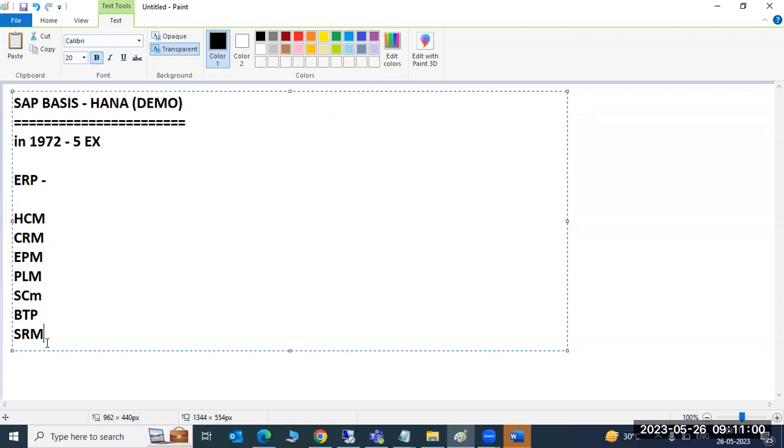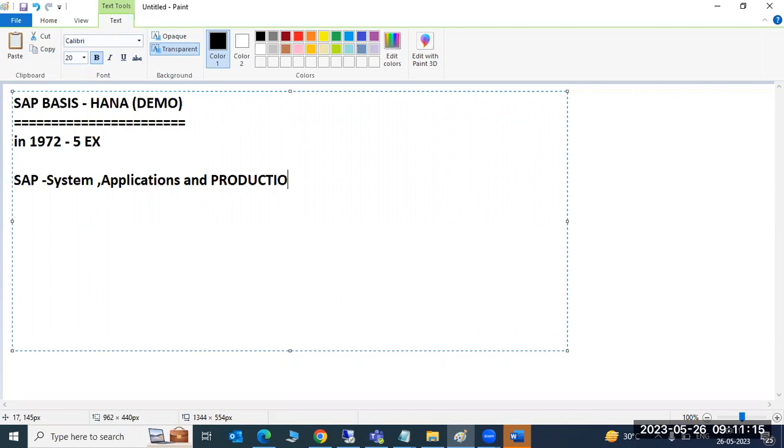In SAP, it's not just one word. SAP means Systems, Applications, and Products in data processing.